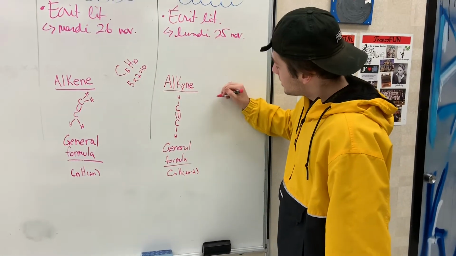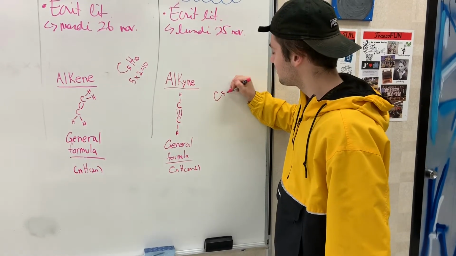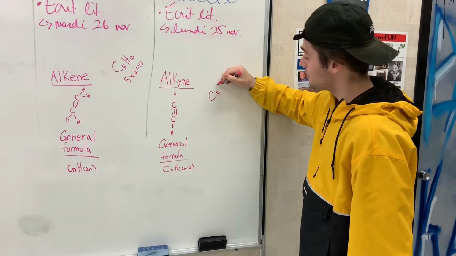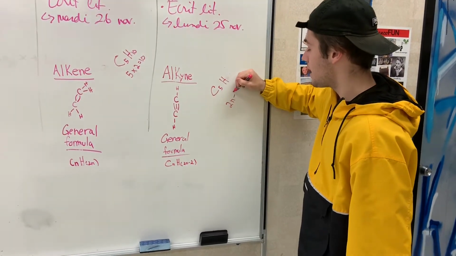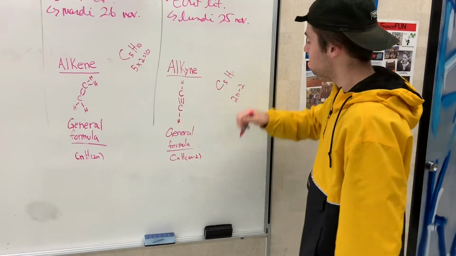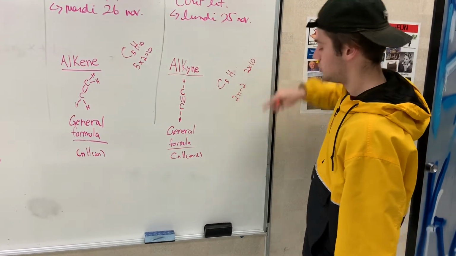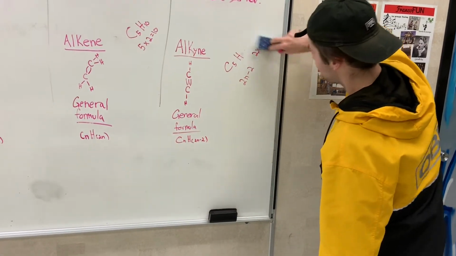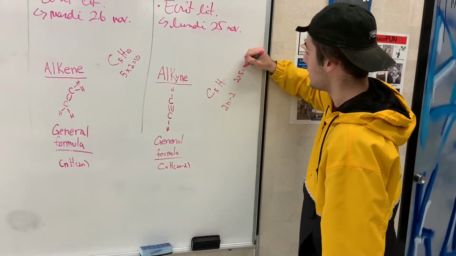We're going to be doing Cn, which we know already is 5. And if we're going to try and find H again, it's going to be H equals 2n minus 2, as seen here. So it'll be 2 times 5, which we know is 10, right?